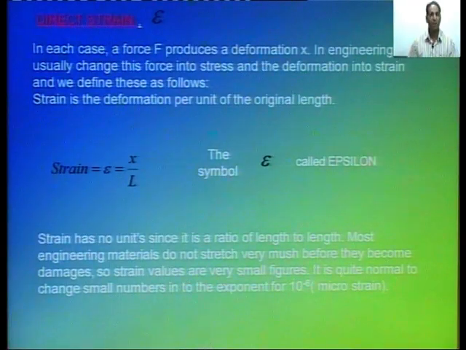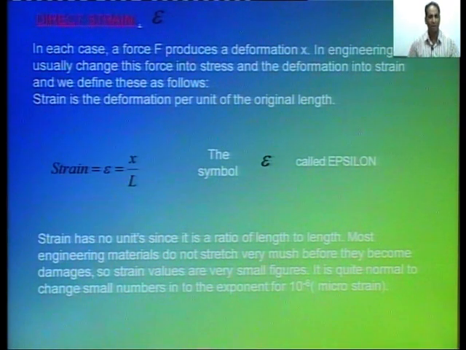First of all, strain is the deformation per unit of the original length. Strain means the change in length, that is, the deformation, over the original length. It is denoted by the symbol epsilon.